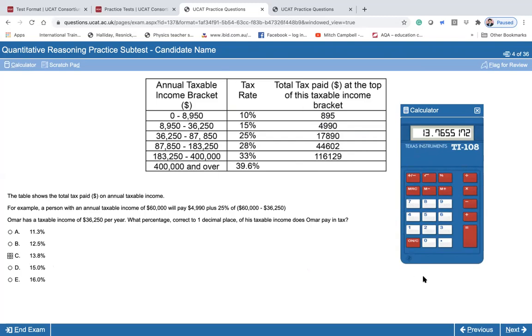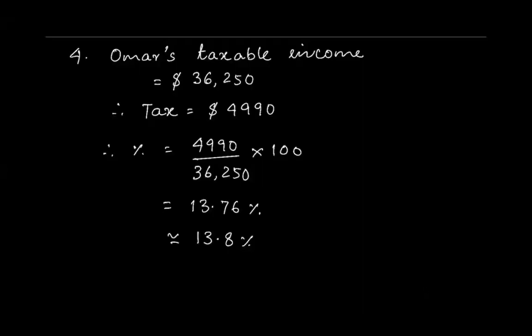Let me go over the steps again. So if you want to note down the steps, here they are. Omer's taxable income is 36,250. From the table, you will see that the total tax is 4,990.